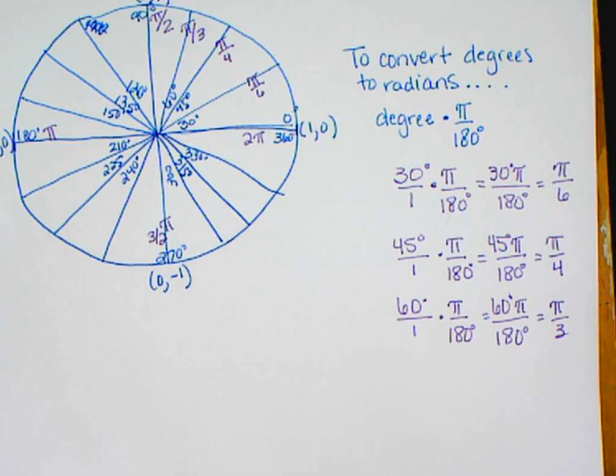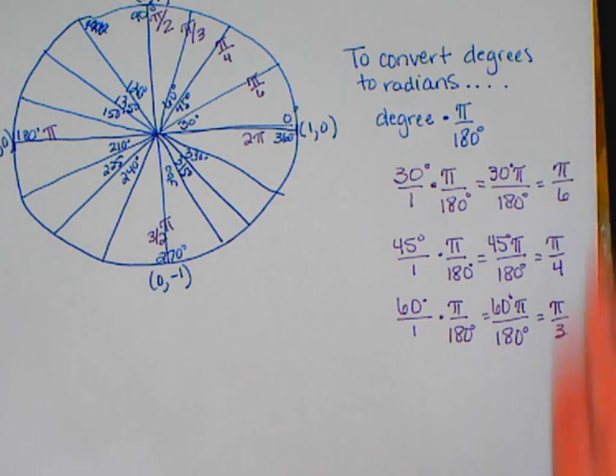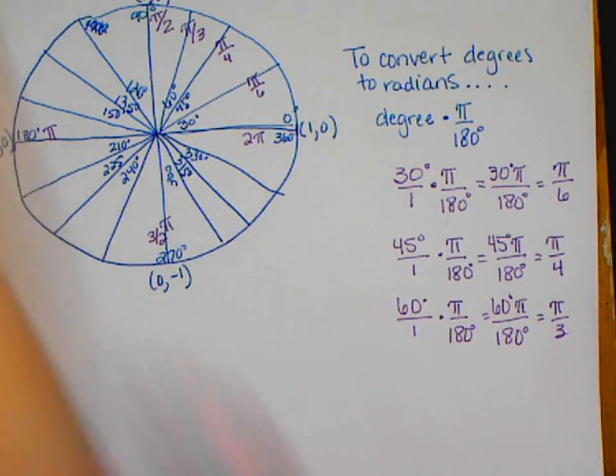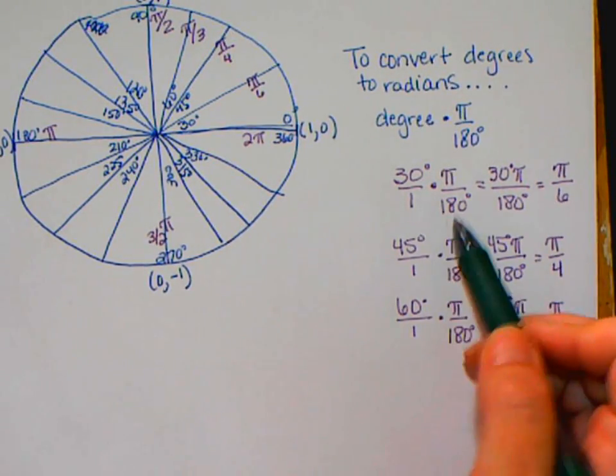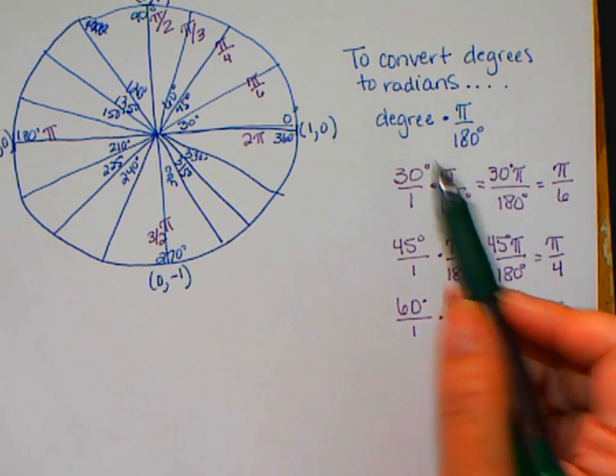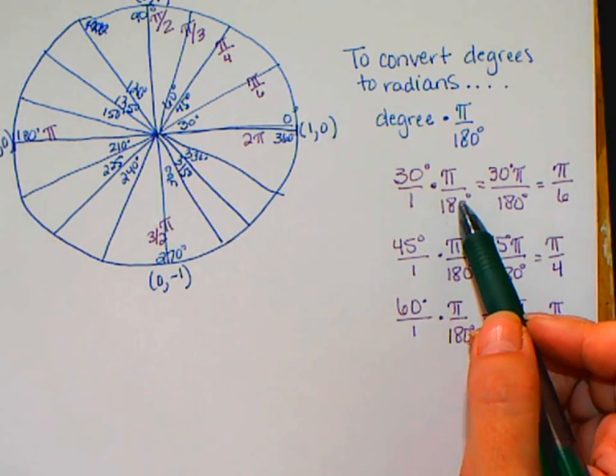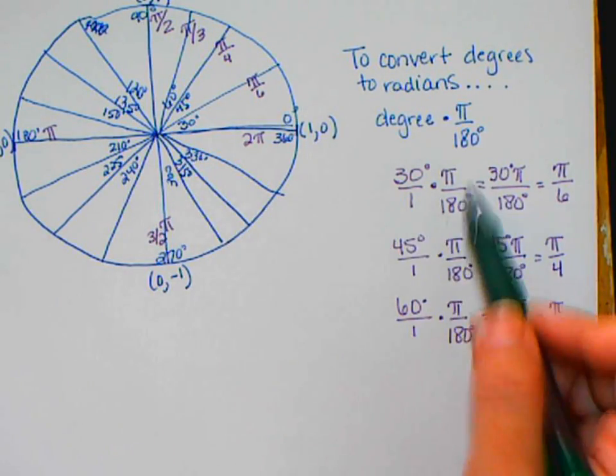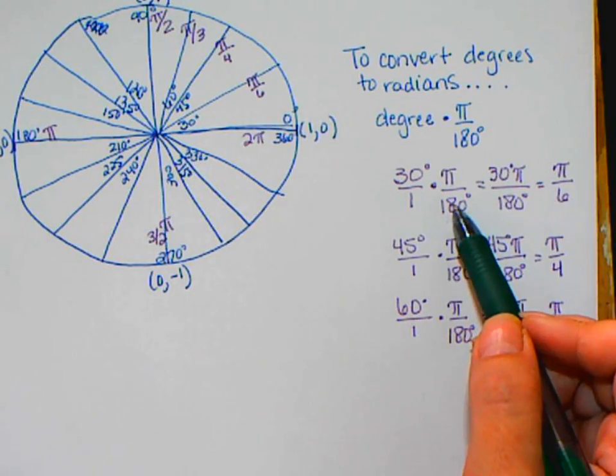Now, you need to know how to, also, if I'm giving you radians and I need to know the degrees, you need to know how to do that as well. And that's easy too. You're basically, instead of multiplying your radians times pi over 180, you're multiplying radians times 180 over pi. So you just flip this, okay?